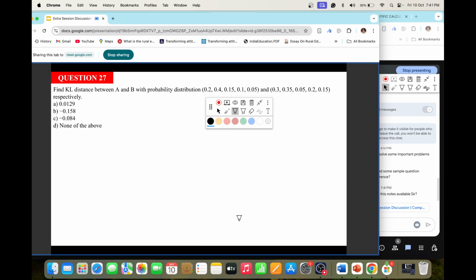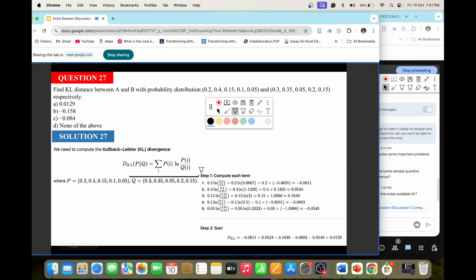Then question number 26, again KL divergence. There is a formula related to KL divergence. Just put the values and you will get the answer. Here ln is the natural log, it is very easy. So just put the natural log here, and pi is 0.2, qi is 0.4 for the first. Then 0.4 and 0.35, and then 0.15 and 0.05 and so on.